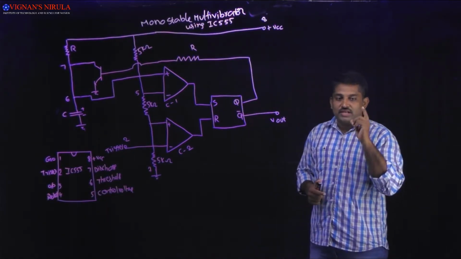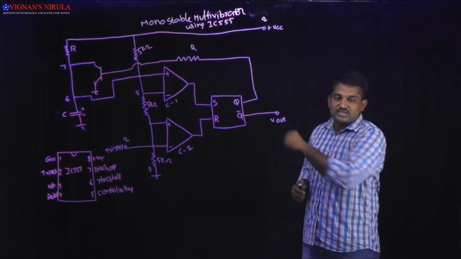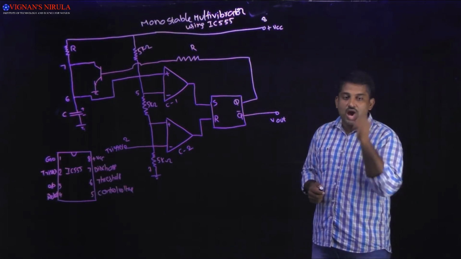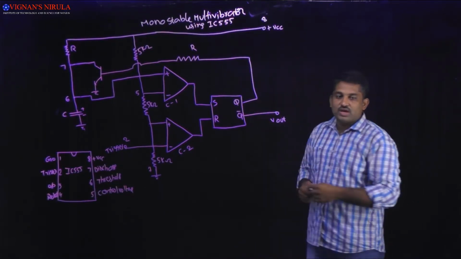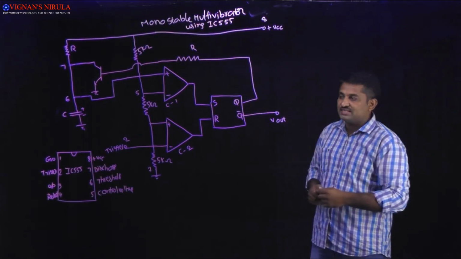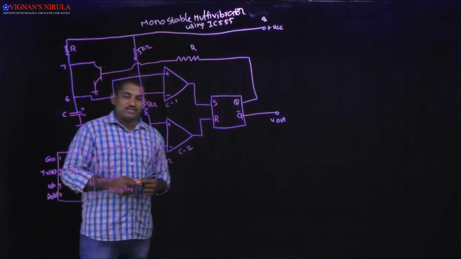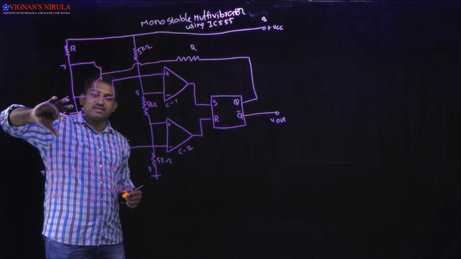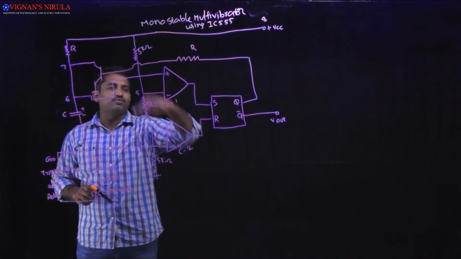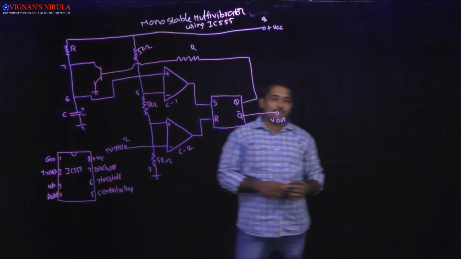Why I say using IC555 is that previously we discussed the monostable multivibrator using op-amps, but here we are using the IC555. The external components are R and C. With this combination, the total IC555 circuit will be converted into a monostable multivibrator.